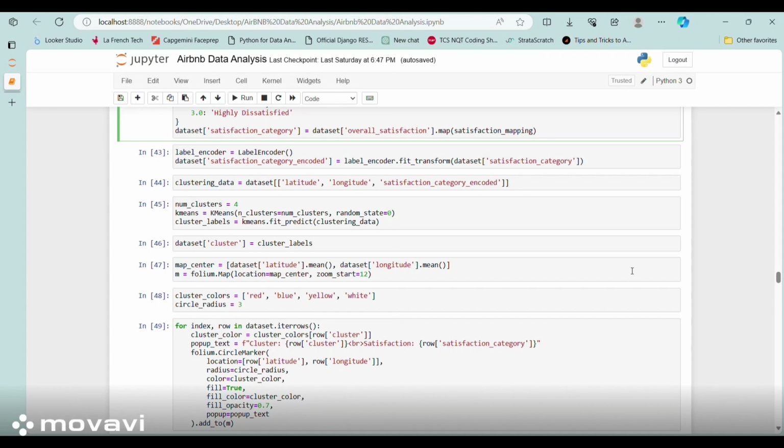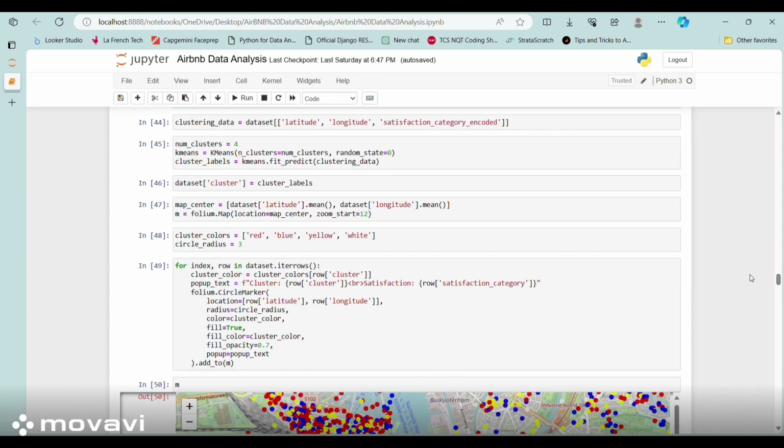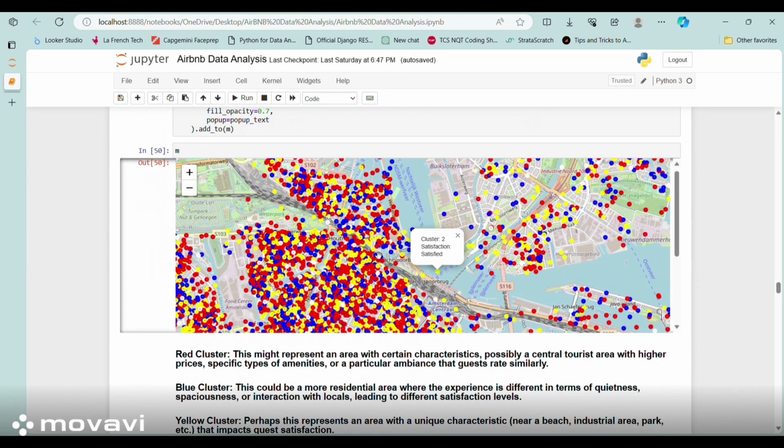Now, pay attention to the circles on the map. They represent individual Airbnb listings and their colors correspond to the cluster they belong to. The size of the circle helps you visualize the spatial distribution of listings. As you hover over a circle, you will see a pop-up that displays the cluster number and the guest satisfaction level.